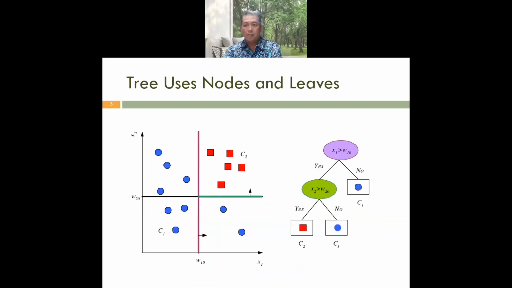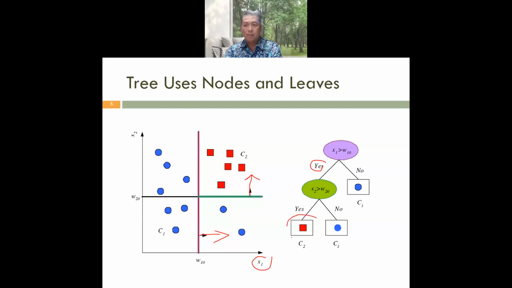So if you look at this data, we have two types, and you can divide them using a linear line. The first one is if the value of your x1 is greater than w10. If they are greater, then you check again if x2 is greater than w20.